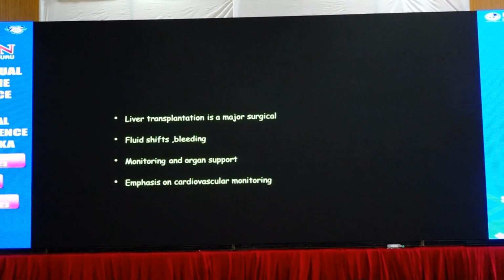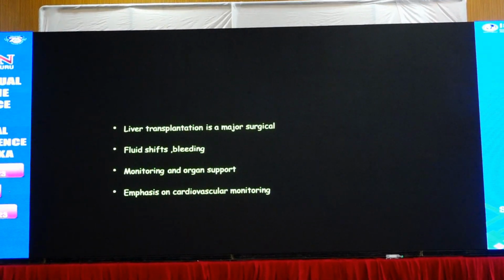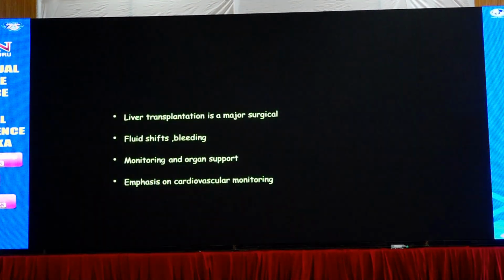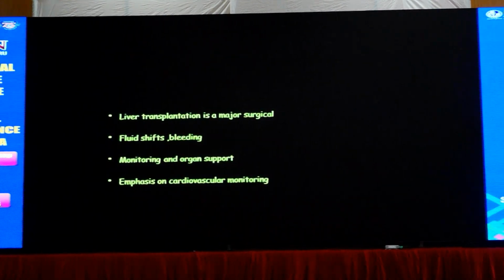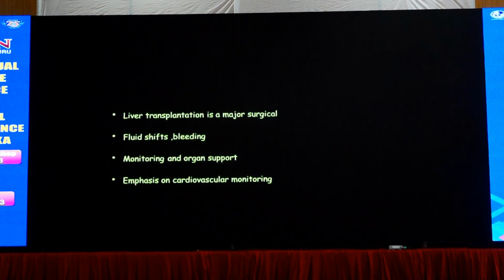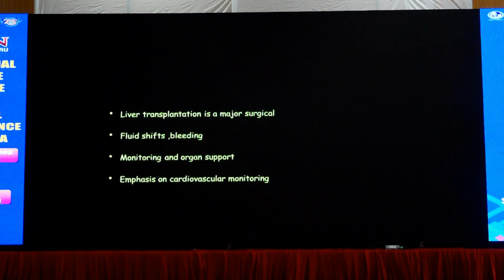So it warrants intense monitoring and organ support to improve the outcome. As cardiovascular events are the most common cause of death apart from graft-related issues, you place more emphasis on cardiovascular monitoring, and of course you need to monitor the coagulation system and some of the metabolic aspects.